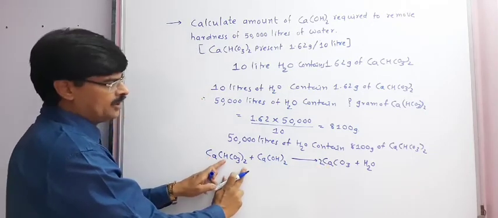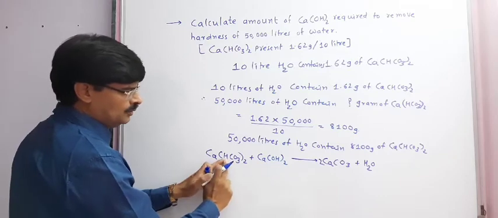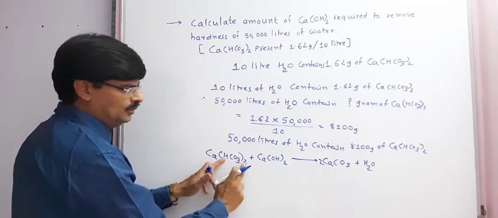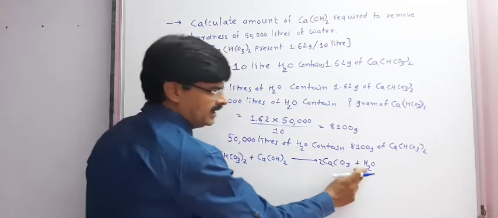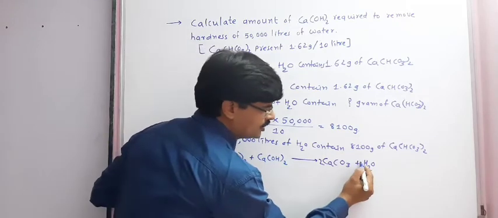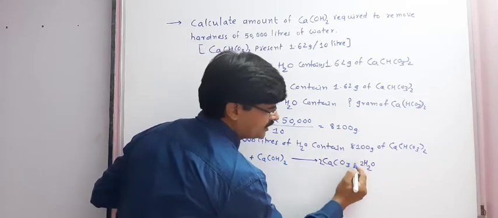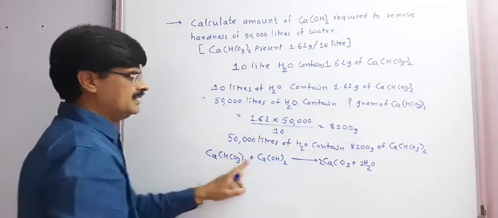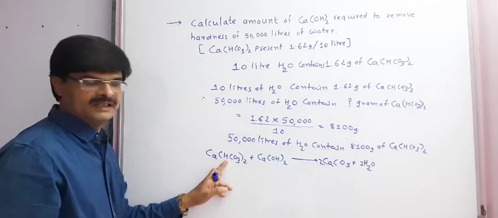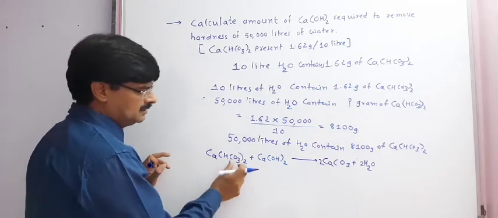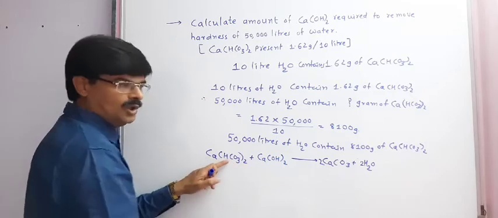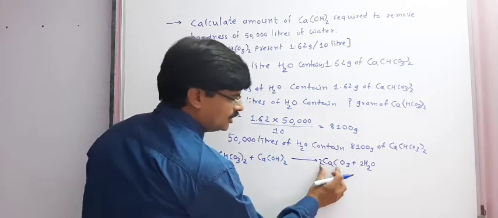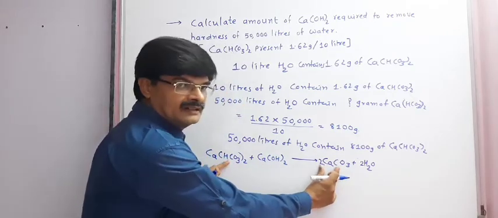Now number of hydrogens. Here it is 2, means left hand side 2 plus 2, 4. Here we have only 2. So just keep stoichiometric coefficient to be 2. We will get balanced hydrogen on both sides. Now for carbon, 2 carbon atoms on left hand side and 2 carbon atoms on right hand side.